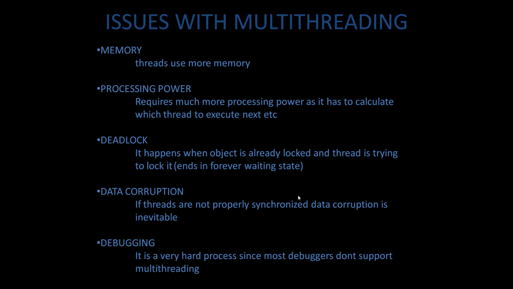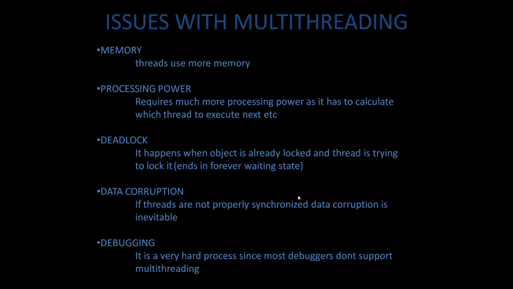Deadlocks. It happens when an object is already locked and we forgot to unlock it, and a thread comes in that's supposed to lock it. It's going to try to access that object and lock it, but since it's already locked, it's going to be stuck in a loop. So that's a deadlock.